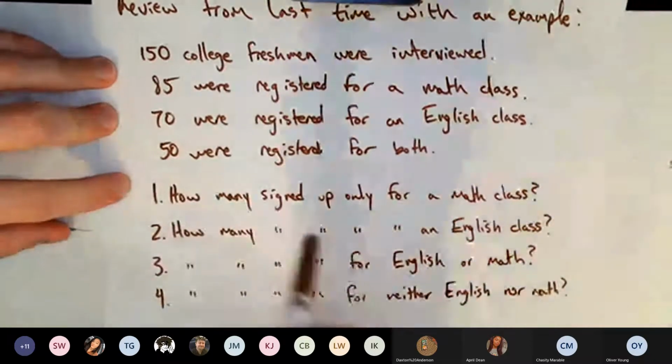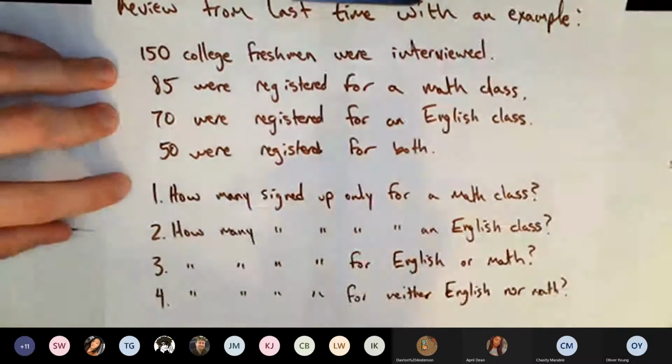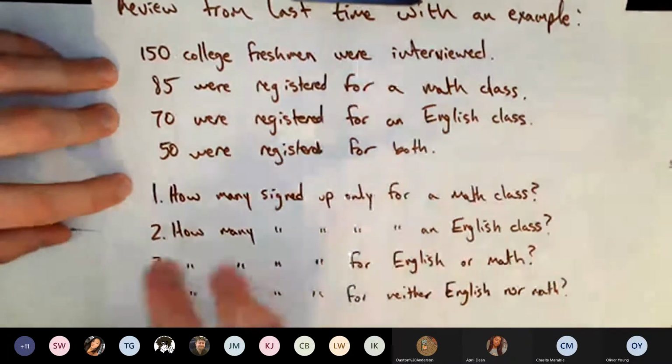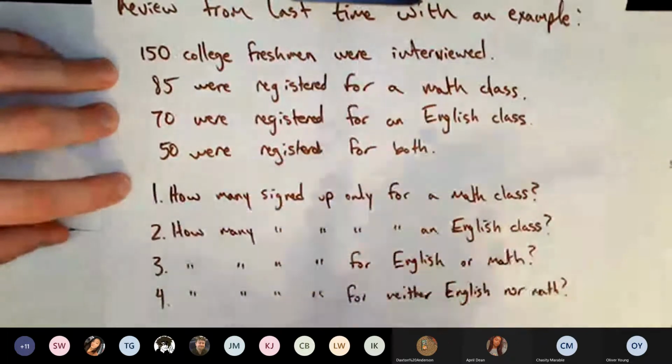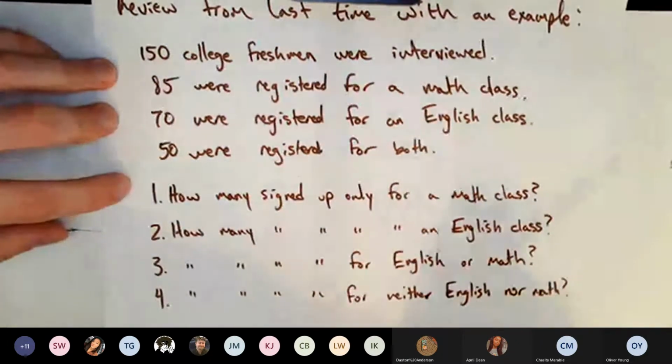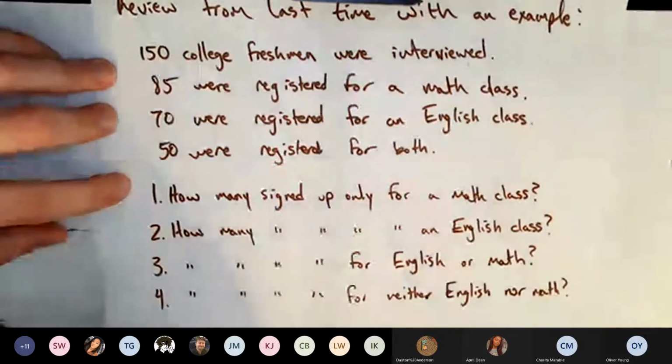And then I'll go back and look at these questions and I should be able to answer them straight from my Venn diagram. I'll just have to interpret that each one of these questions is asking about a different piece of the Venn diagram. All right.